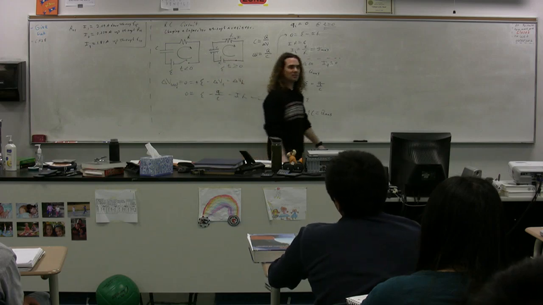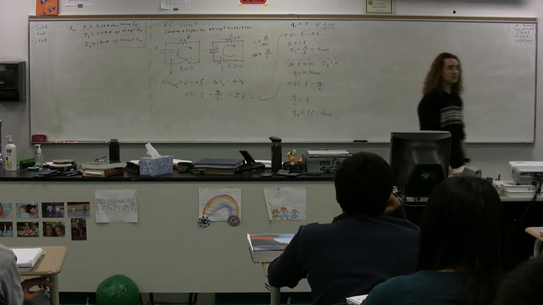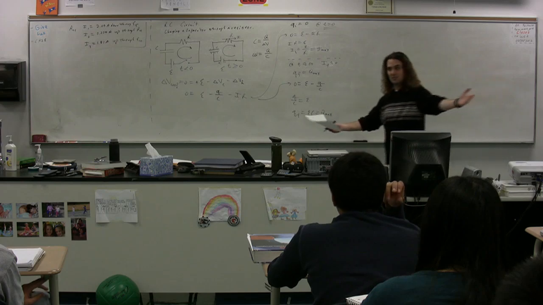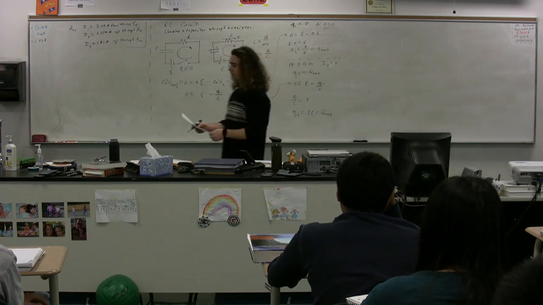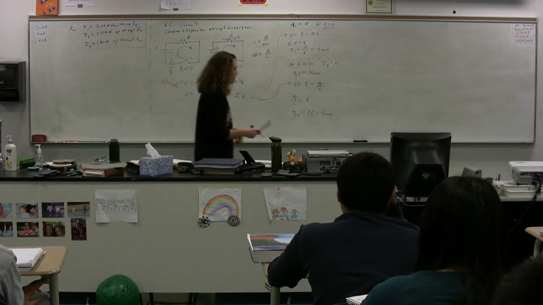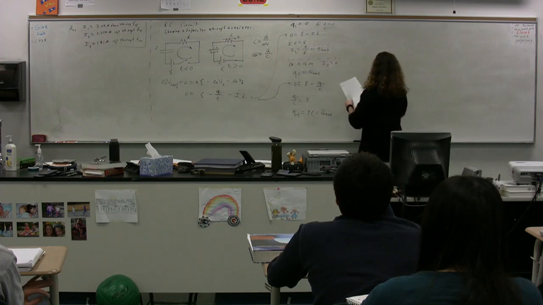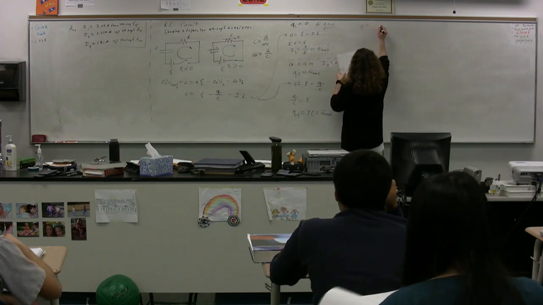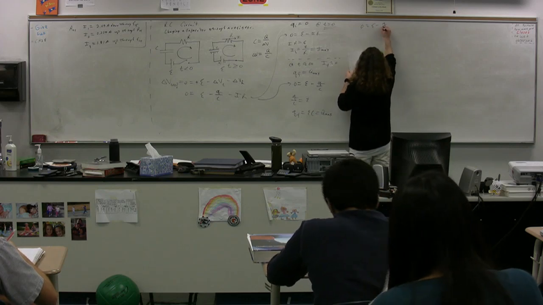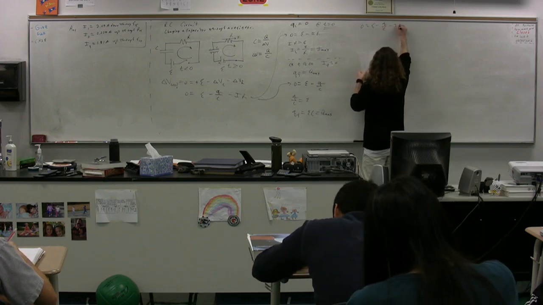We figured out it's the EMF multiplied by the capacitance. That's the limits. Now we're going to go through and figure out what it is in between those 2 points, 0 and infinity. So we come back to this equation. 0 equals the EMF minus Q over C minus IR.